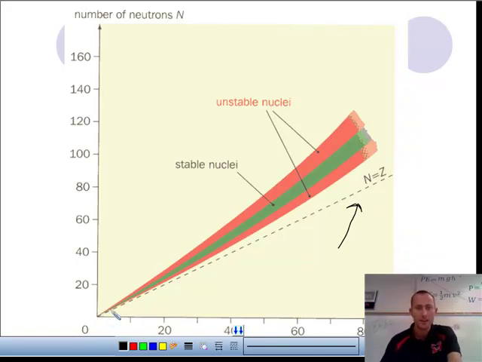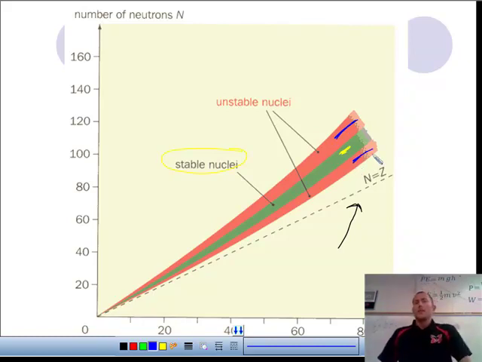And within the graph, there are two other important aspects. This green section right here, stable nuclei. Those are nuclei that do not undergo natural radioactive decay. Then we have our unstable nuclei, which are shown in the red, right here and right here.